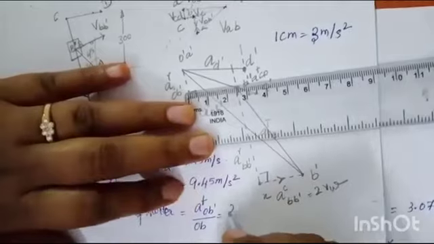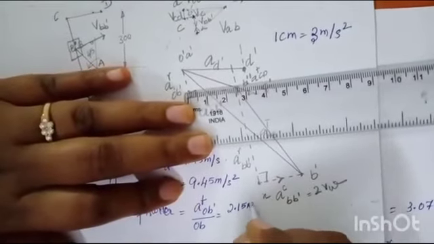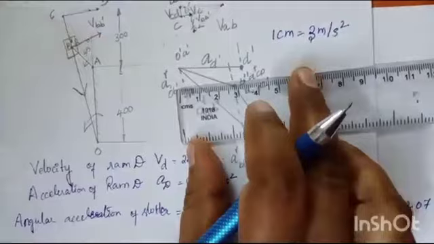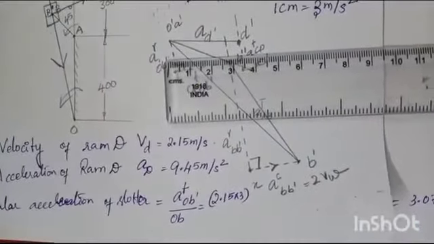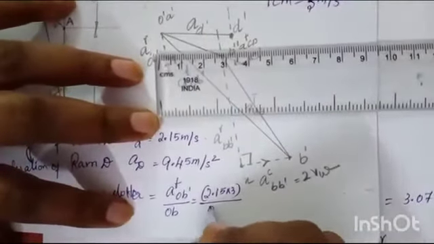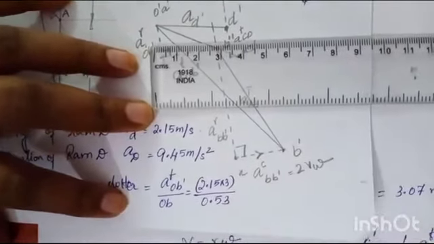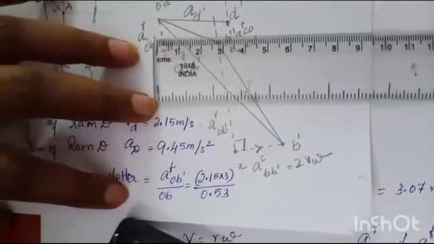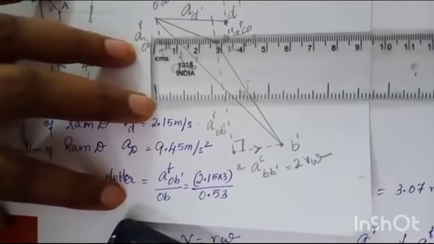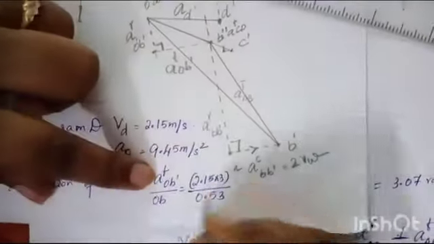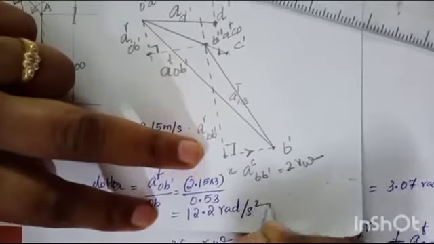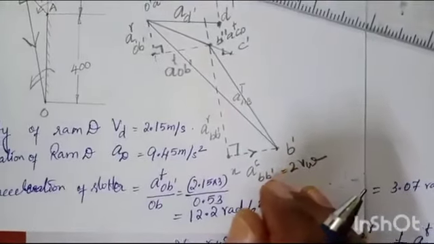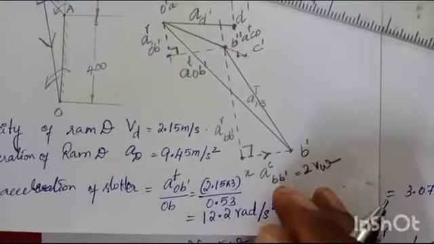So 2.15 into 3, because we have taken the scale as 3 meter per second square, and this OB is nearly 530 mm, so 0.53. Now calculate: 2.15 into 3 divided by 0.53, and you will get 12.2 radians per second square. This is the value required from this diagram, and this is the answer they have asked in the question.